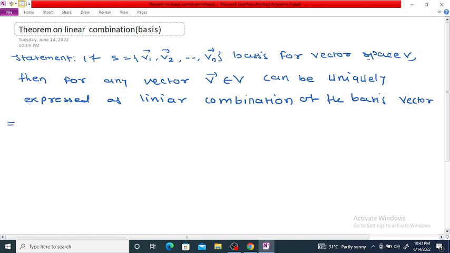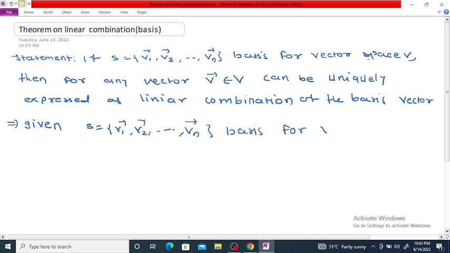So, proof. What is given? Given: S is equal to {V1 bar, V2 bar, ..., Vn bar}, a basis for vector space V. Now, what is our claim?